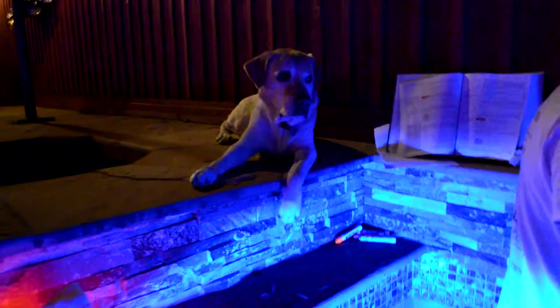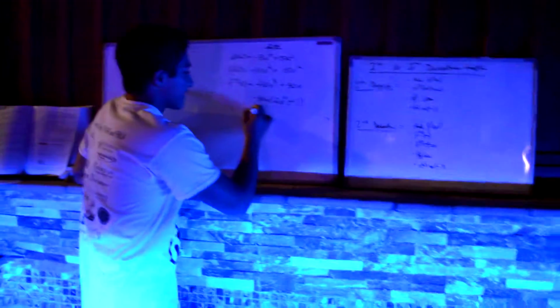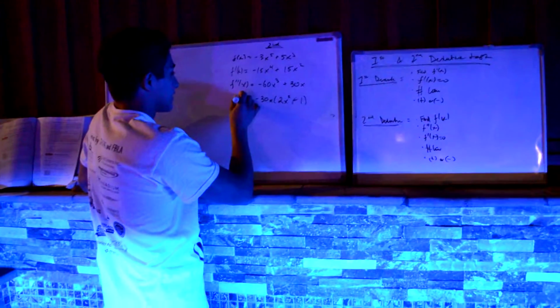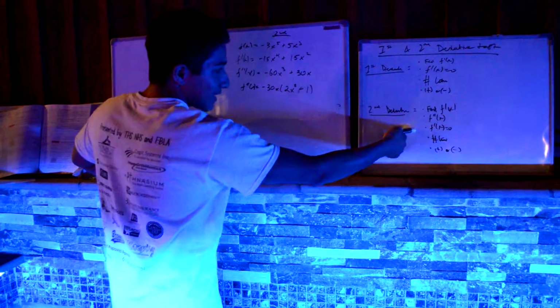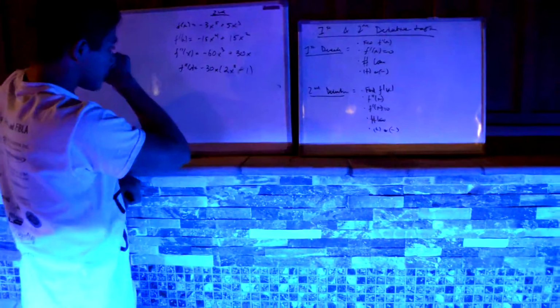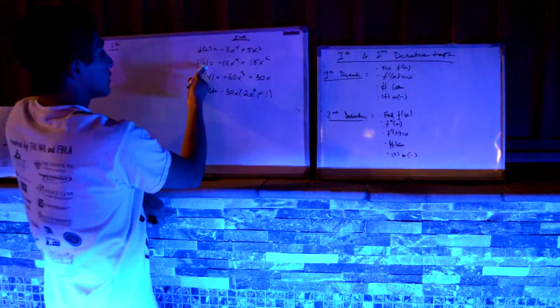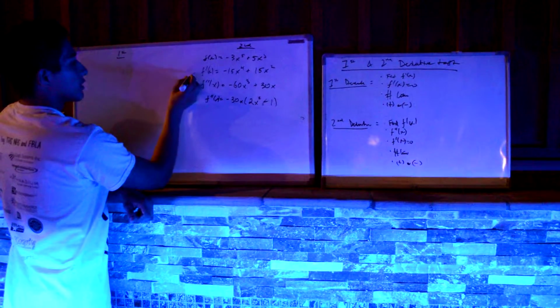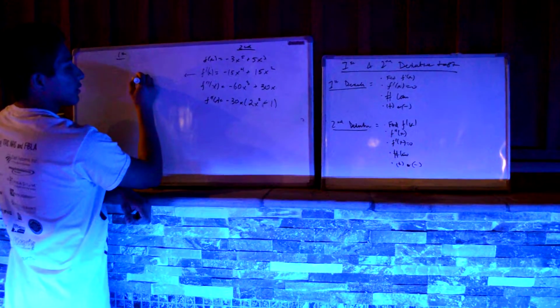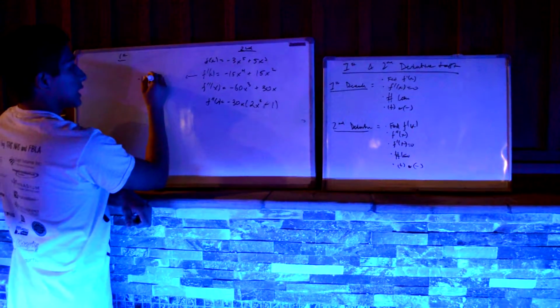Okay. So basically, over here, this is f double prime of x. It's just a simplified version. So then we find the critical points of the f prime. We're going to factor this one out. So we're going to factor negative 15x squared.